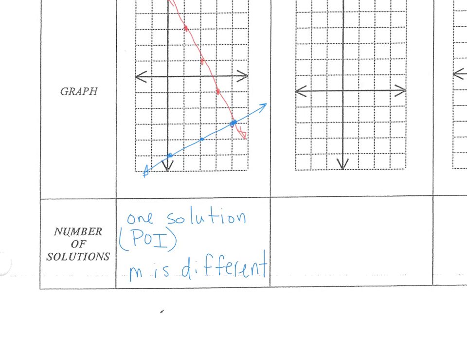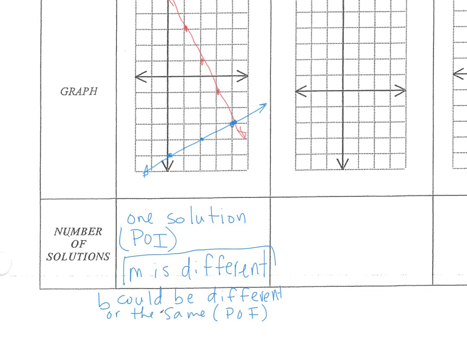So as long as m is different, b could be different or the same. If it's the same, it is the point of intersection, but if it's different, then there is another point of intersection. What's important here is that m is different.